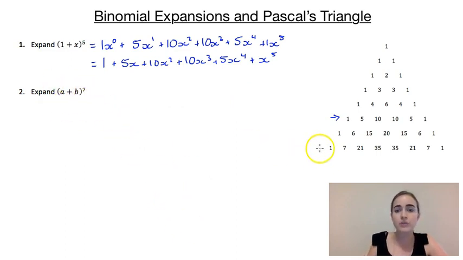So if we have a look at this one, we've got this bottom row here. So expanding this out, I'm going to start with 1 as my first coefficient. I'm going to have a to the power of 7 and b to the power of 0.